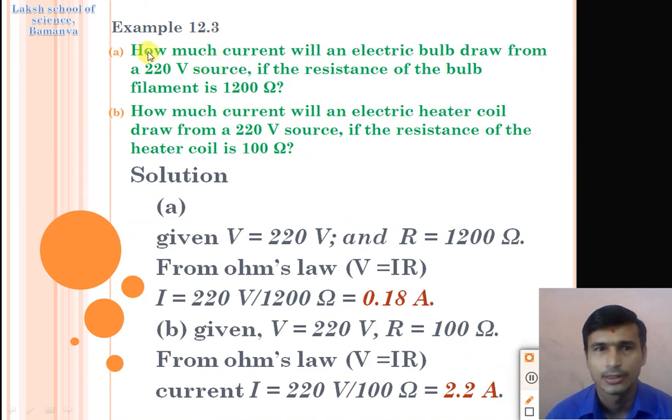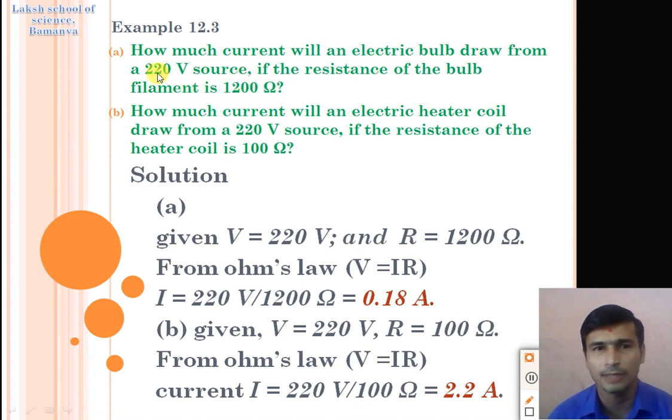Now example number 12.3. How much current will an electric bulb draw from a 220 volt source if the resistance of the bulb filament is 1200 ohm? So, dear students, here we need to find the electric current.